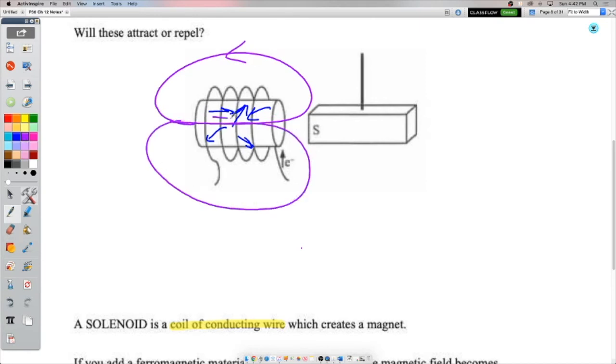And then those little domains are going to get aligned along the magnetic field. By the way, I just made this up randomly. This is wrong, as we just saw in our example, it would go the other way. So don't put too much stock in this. I'm just trying to quickly draw out what's going to happen to those domains in the ferromagnetic core. They're going to align along the magnetic field, and so now you've got this thing making its own magnetic field, amplifying the effect of the solenoid, which is inducing a magnetic field with that circular current.